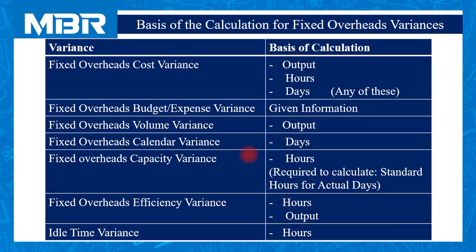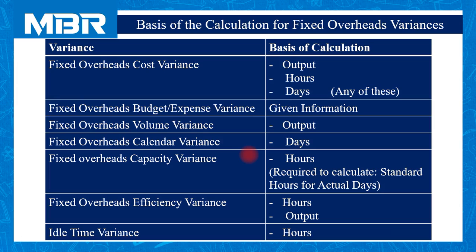We can calculate our overheads efficiency variance using any of these 2 bases, but at the time of discussion of practicals, I will discuss our overhead efficiency variances using both the bases simultaneously, so that you can come to know that the answer remains the same whether we are using the base of hours or the base of output.